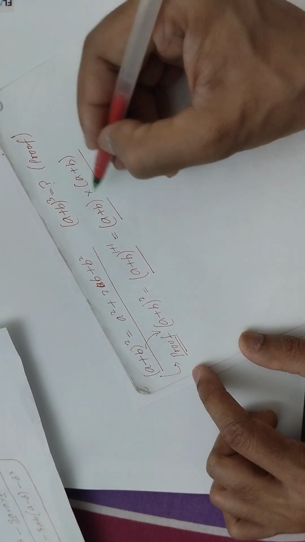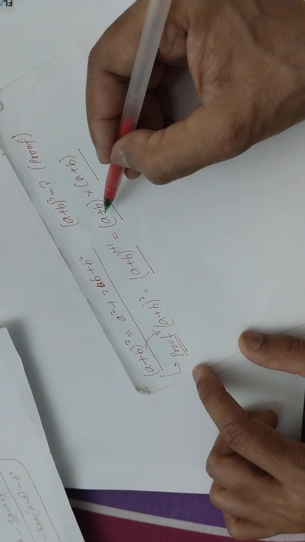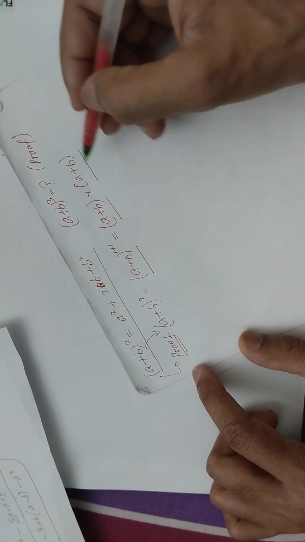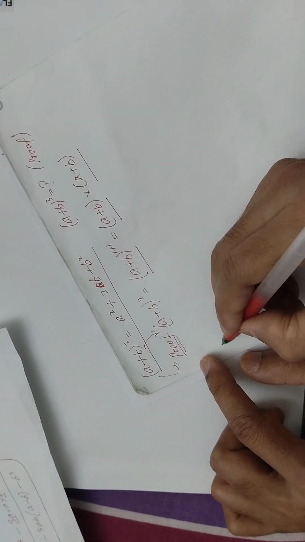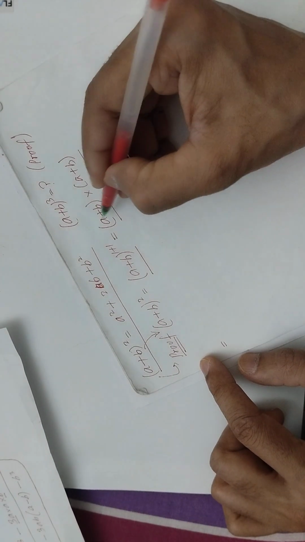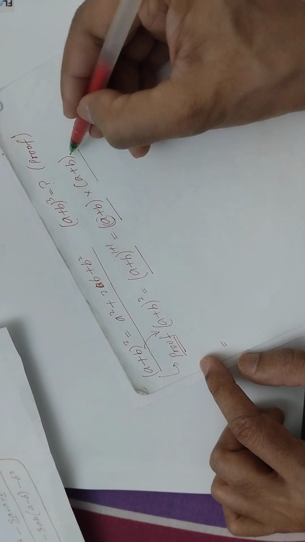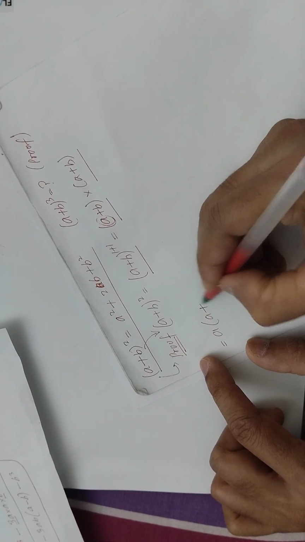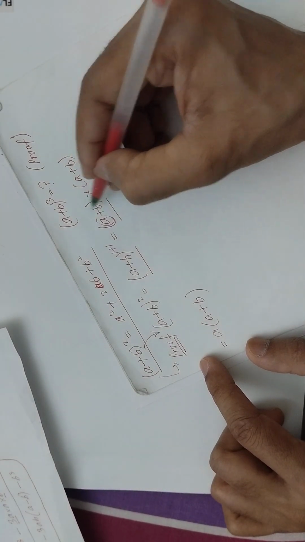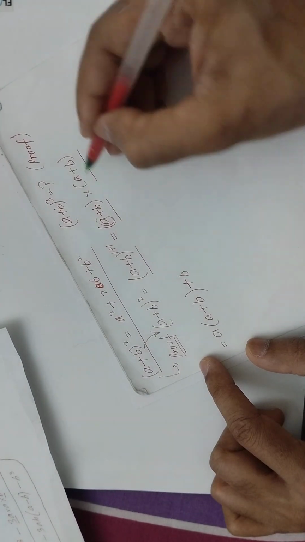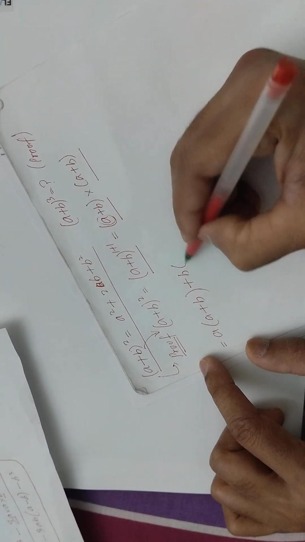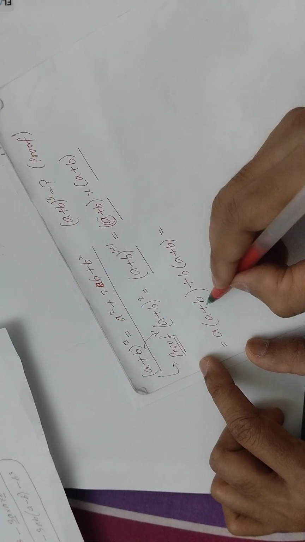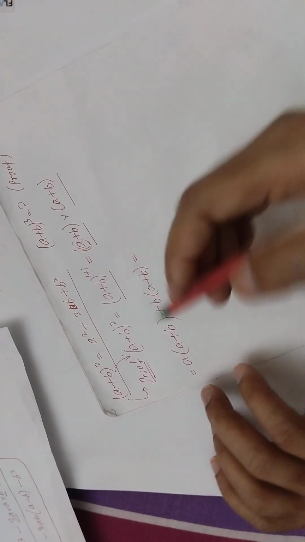Now, I am trying to multiply (a + b) with (a + b). How would it be if I individually multiply them? I first take a and multiply with (a + b), and then I take b and multiply with (a + b). So I go on to opening the brackets.